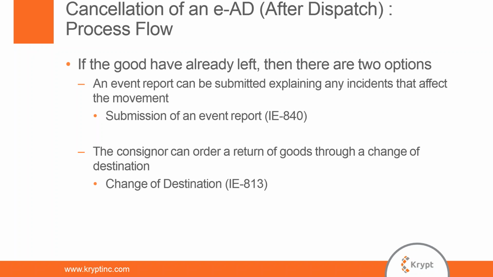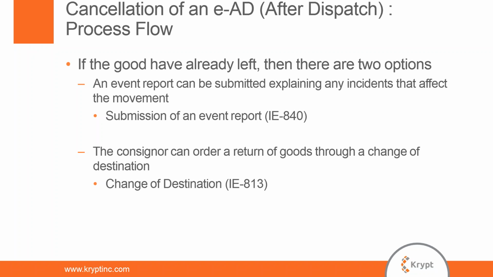So first, in the case of any event, such as an accident or the goods having been destroyed during the movement, an event can be reported to the consignee to let them know that they no longer would be receiving any goods, and the member state would also be sent this event report so that they make the relevant changes at their side, that these goods are no longer moving from the consignor to the consignee.